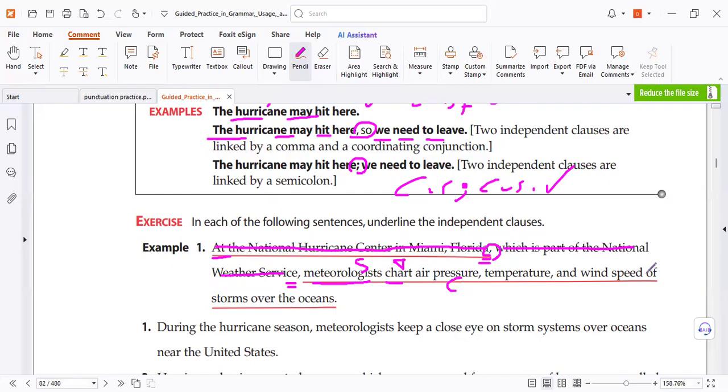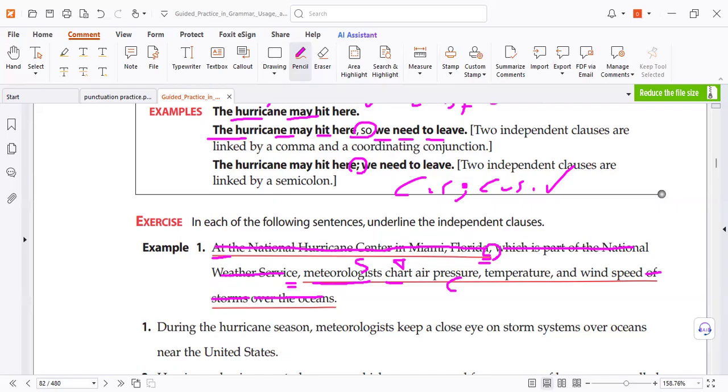I delete all the phrases. What is left? Meteorologist, chart, temperature: subject, verb, complements. And what is the importance of phrases? To add details, to make it complete in thought, in meaning, and in everything. Understand?